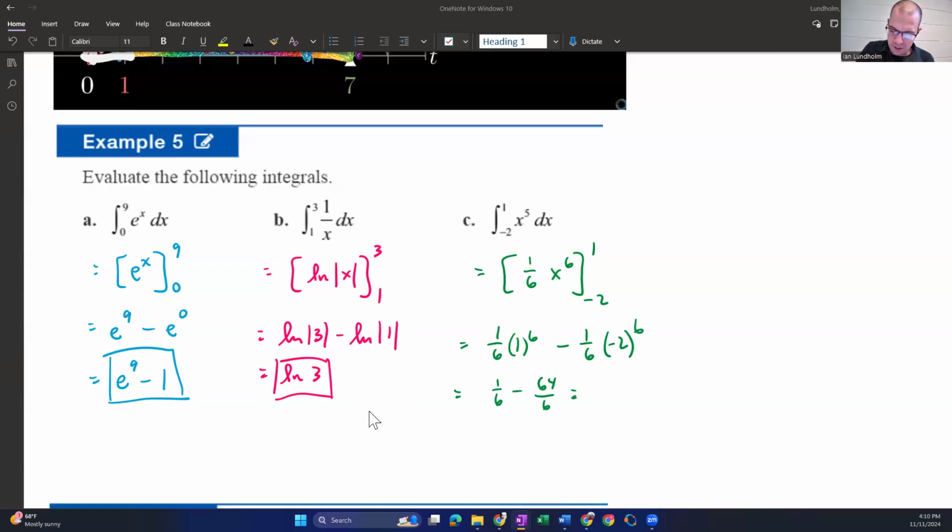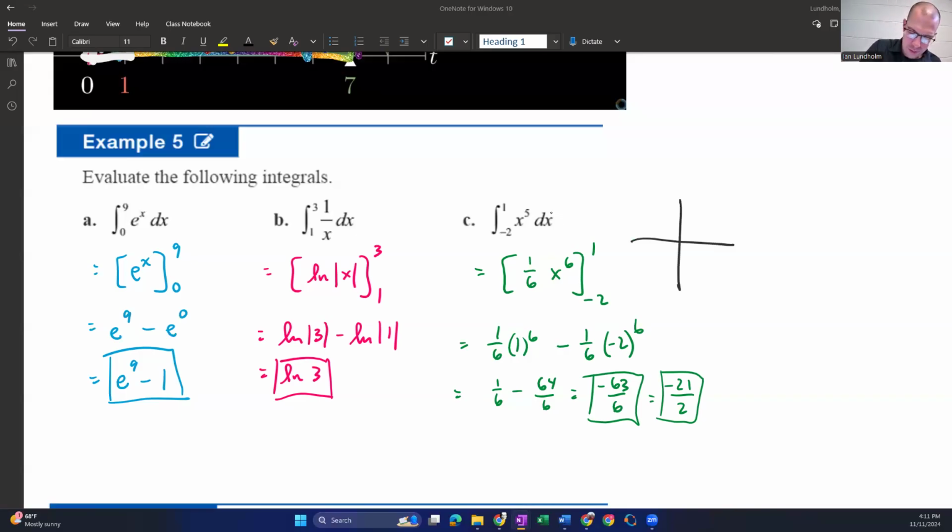That'll turn out to be -63/6. That could be reduced, but it's fine. I guess, dividing by 3s, that's -21 over 2. Okay, that's fine. Cool. And that makes sense because, just quick checking in your head that this is a reasonable amount.